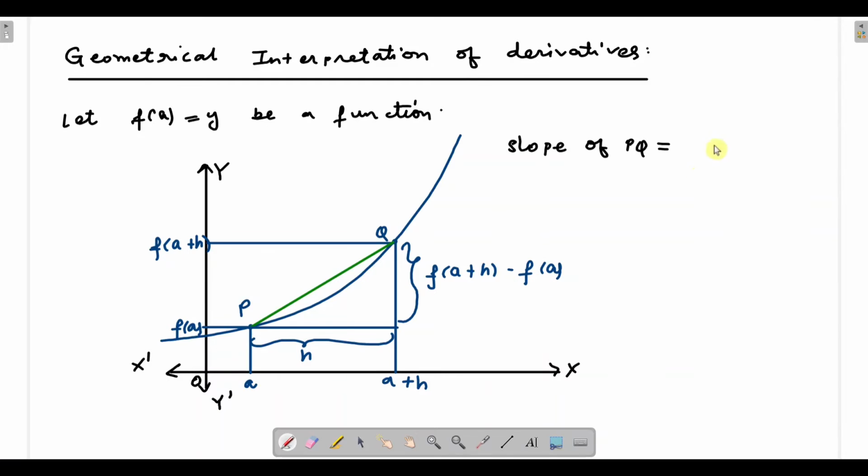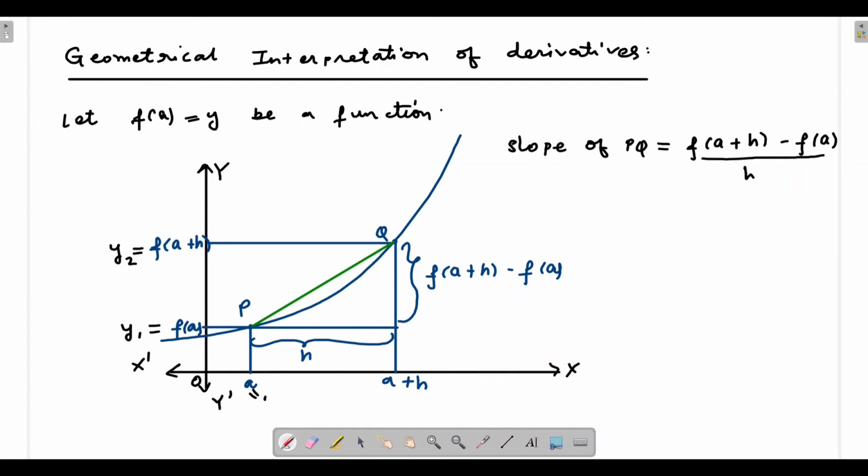So if you look at the slope of PQ, then what will it be? It is f of a plus h minus f of a, Y divided by X is the slope, you know this. Okay, so f of a plus h minus f of a divided by h, this is the slope of PQ, right? If you want to see this, suppose this is y1, this is y2, right?